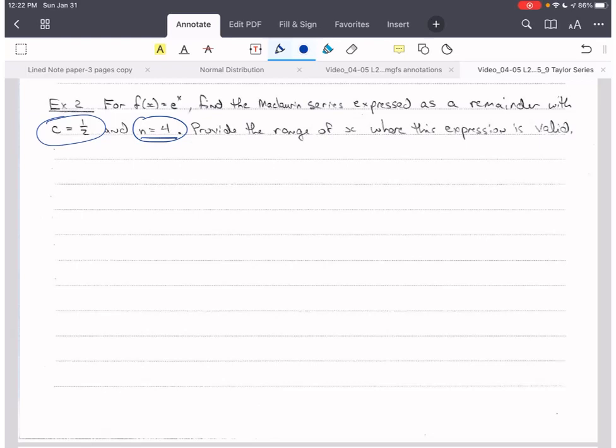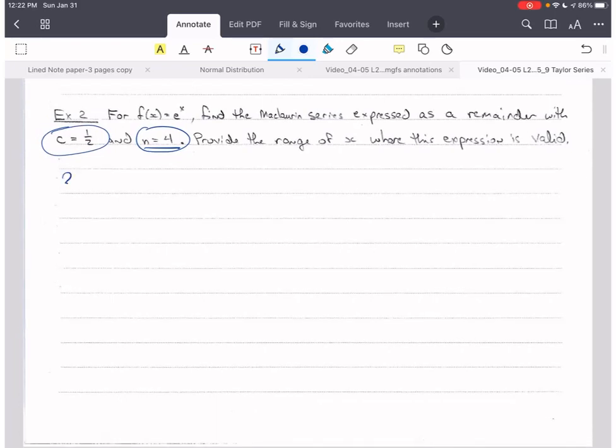Remember that R sub n is equal to f of x minus T sub n of x. So I've already got the 4th. I will need the 5th derivative here, but that's going to be pretty easy to get. But we're going to do it at 1/2.